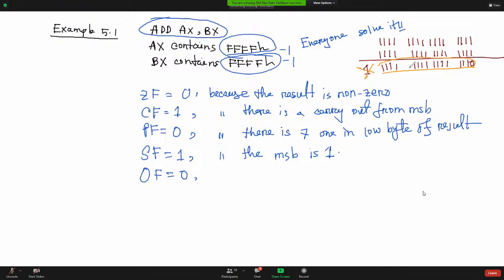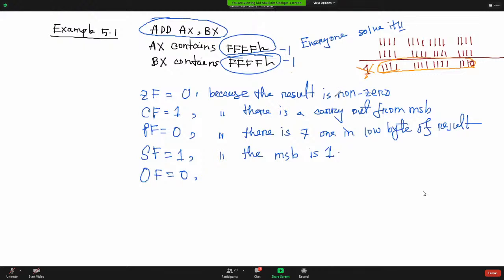This is negative because the MSB is 1, but minus what? What is the signed value? Sir, in decimal, 65535.